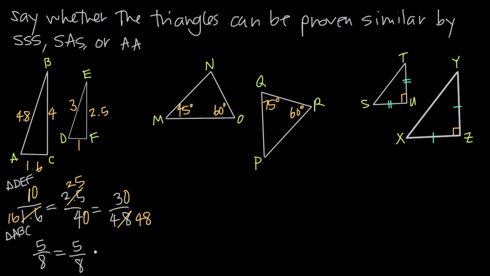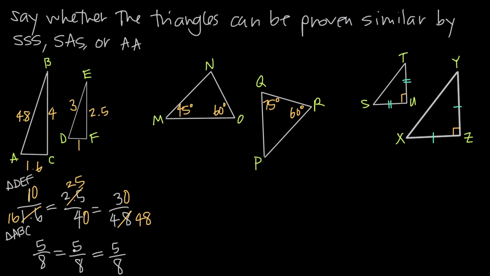What about 30 over 48? Well, trying to get this fraction in lowest terms, we should be able to divide both the numerator and the denominator by 6. 30 divided by 6 is 5, and 48 divided by 6 is 8. So what we can see then is that we end up with three equivalent fractions.